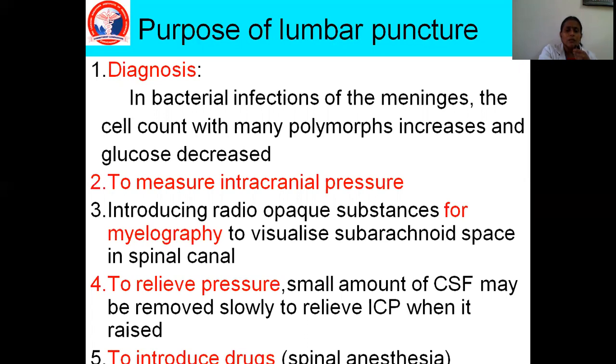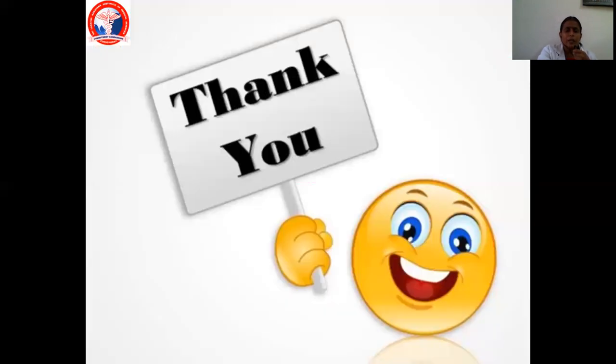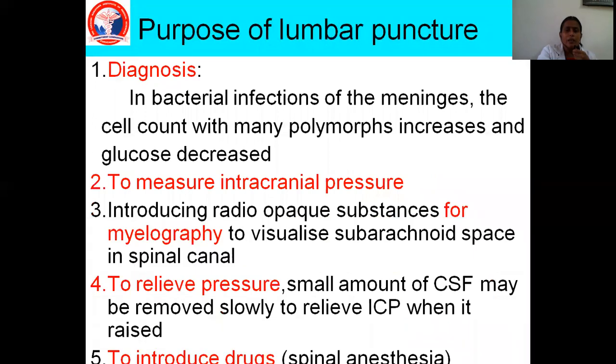A small amount of CSF may be removed slowly to relieve intracranial pressure when it is raised. And the fifth is to introduce drugs like spinal anesthesia. We are introducing the syringe into the subarachnoid space. So these are the purposes of lumbar puncture.